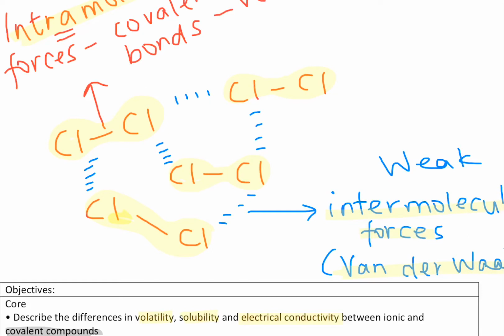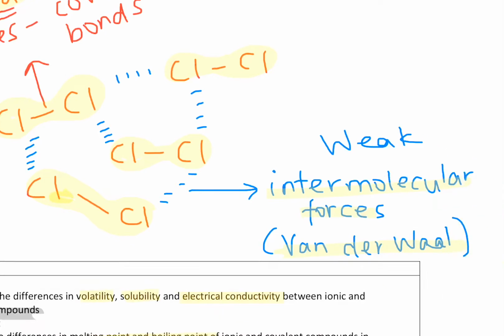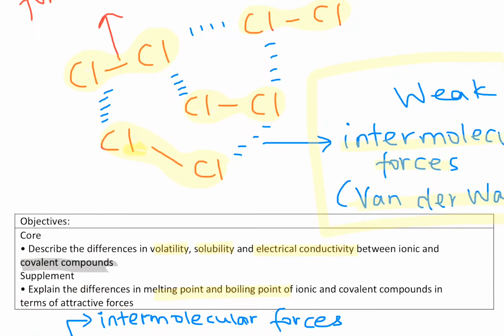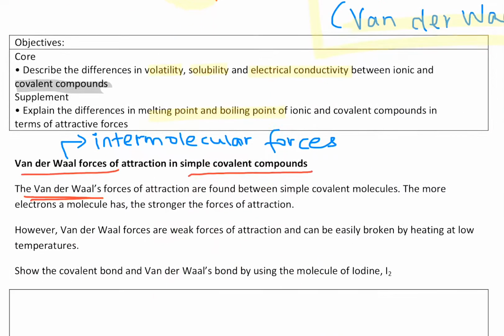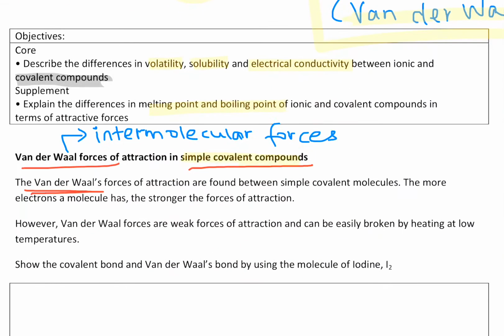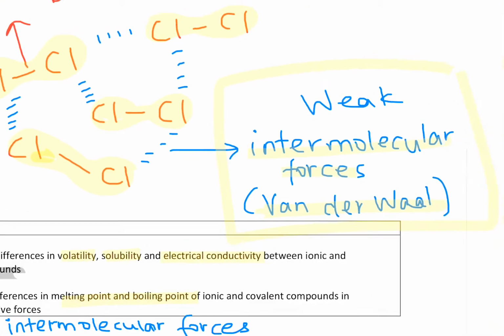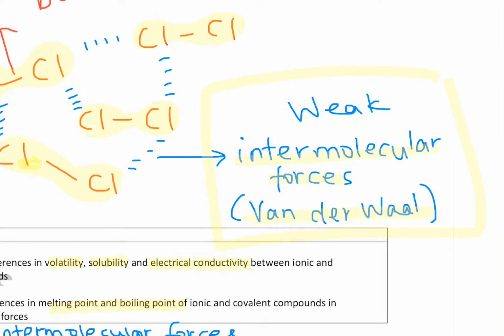And when we are melting or boiling chlorine, we are actually breaking these weak intermolecular forces. So this is why simple covalent compounds have low melting points and low boiling points, because a very small amount of energy is enough to break the weak intermolecular forces.